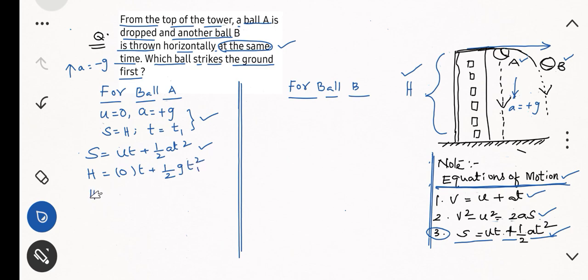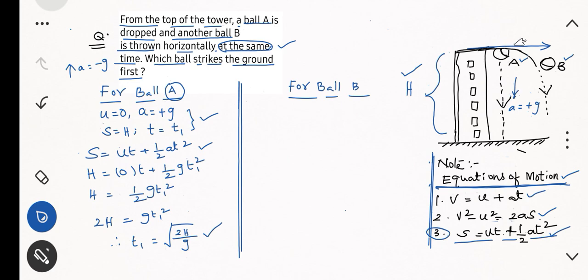Then we get h is equal to half g into t1 square. By rearranging the terms, we get 2h is equal to g into t1 square. Therefore, finally we get the time taken for the ball A to reach the ground is t1 is equal to root of 2h divided by g. This is the time taken to reach the ground in the case of ball A.